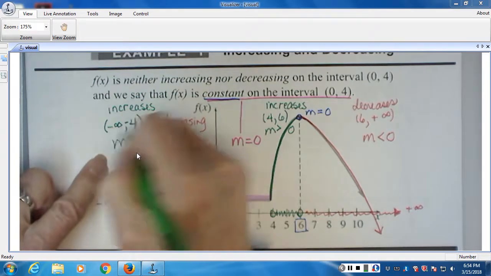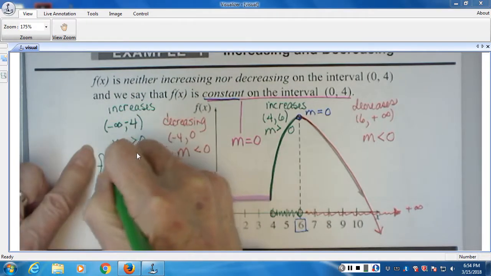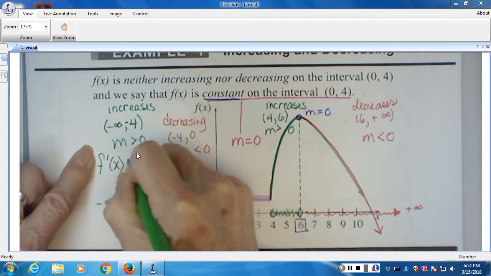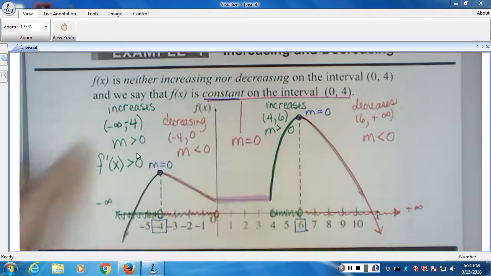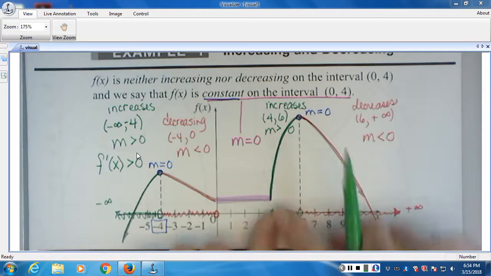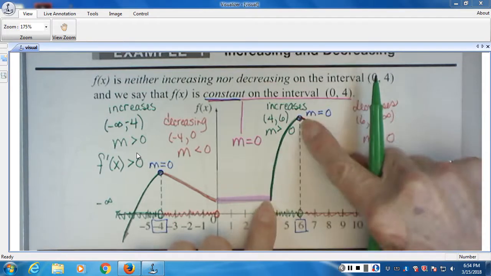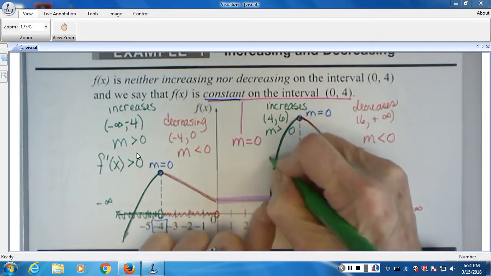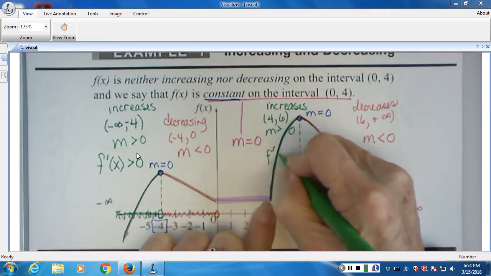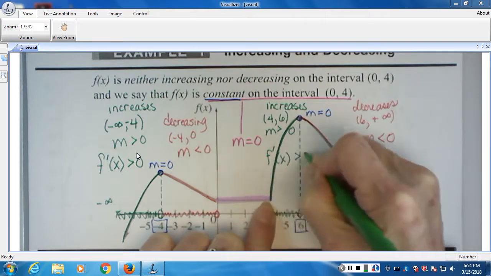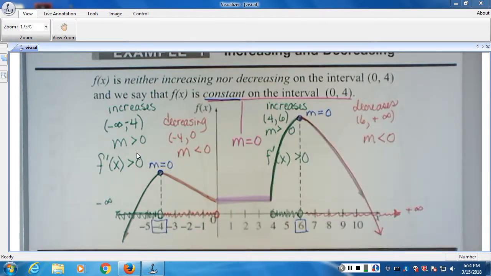On this interval, the value of the derivative of that function is positive. On this interval, the value of the derivative of this function is positive. Okay?